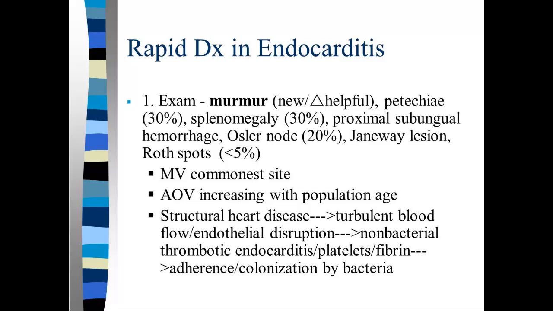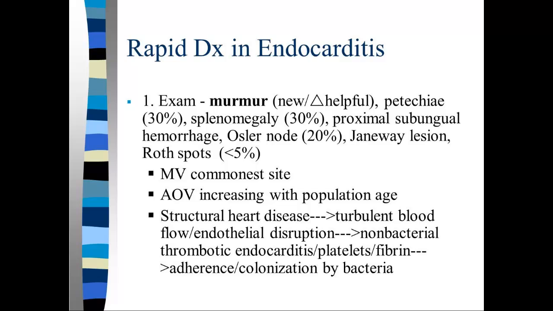And remember that the stigmata of endocarditis date back to the days of Sir William Osler, where a TEE was decades and maybe a century ahead, and also patients were not treated for endocarditis, so there was no treatment, so a lot of times the disease process was allowed to go on for a long period of time, so they were more likely to have some of these peripheral stigmata of endocarditis.